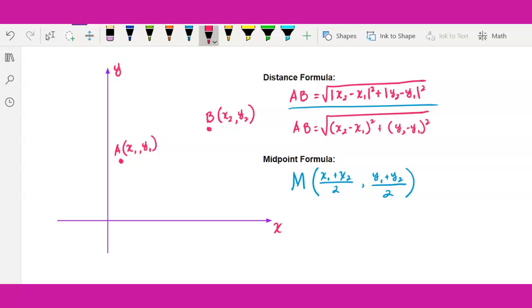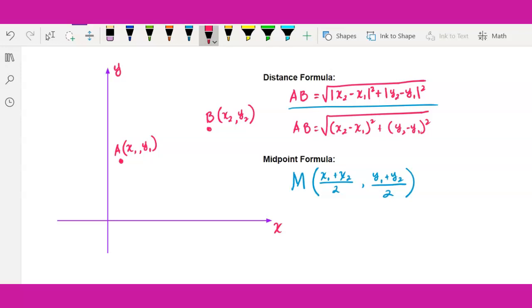Does it matter? No, it doesn't matter because you're squaring it. But we're using the absolute value just to emphasize that we are dealing with distance between two locations, and distances are always positive.